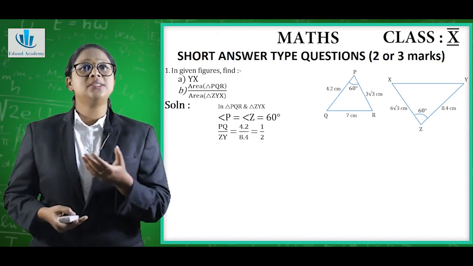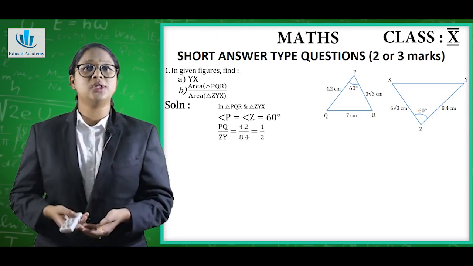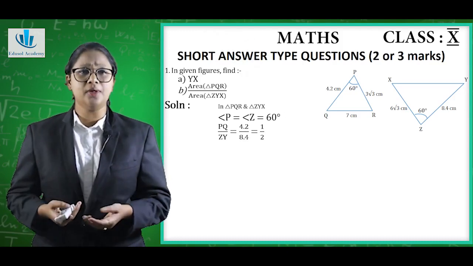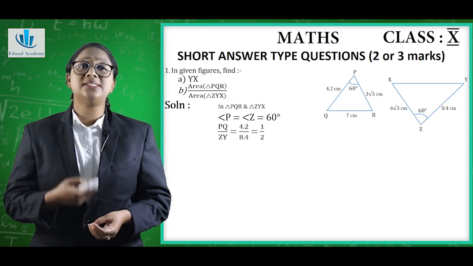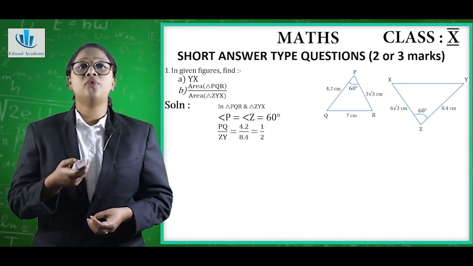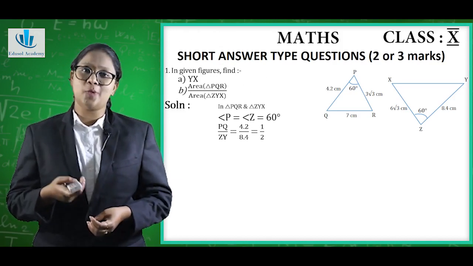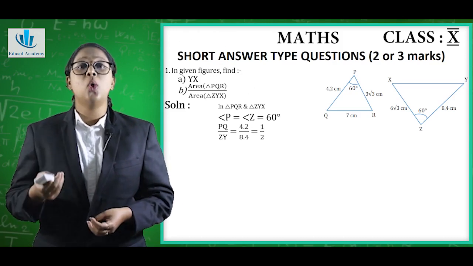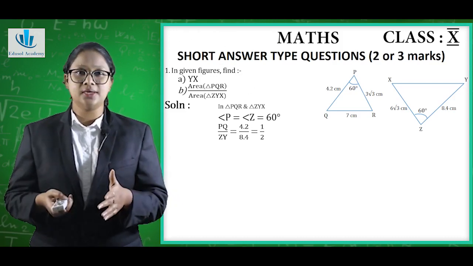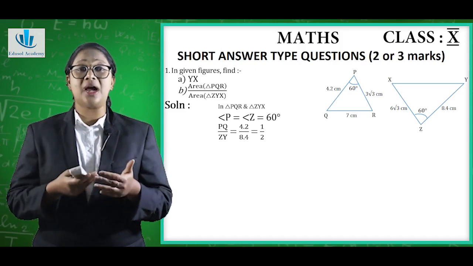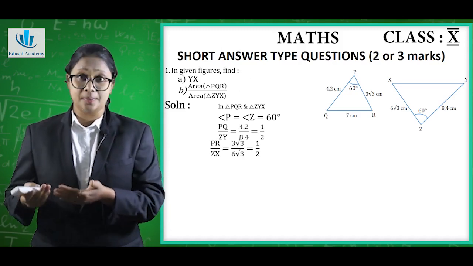So angle P is equal to angle Z is equal to 60 degrees, given in the figure. Then PQ by ZY, the value 4.2 by 8.4, that is equal to 1 by 2. I hope that's clear. So PQ by ZY is now equal to 1 by 2.